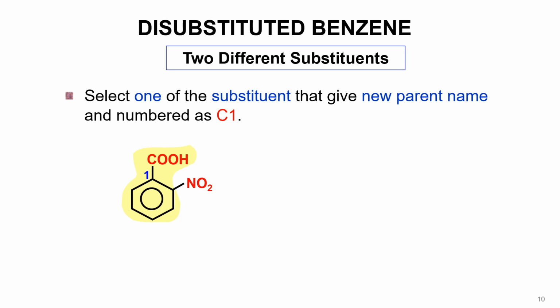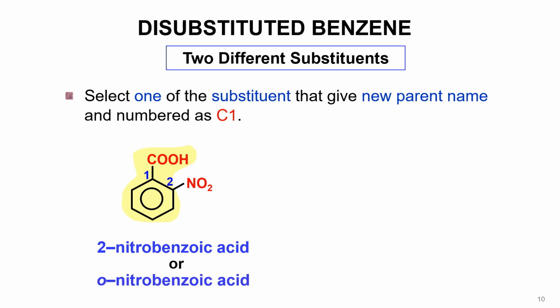The next carbon should give the lowest number to the substituent. So, NO2 is at carbon 2. Therefore, the IUPAC name is 2-nitrobenzoic acid or ortho-nitrobenzoic acid.